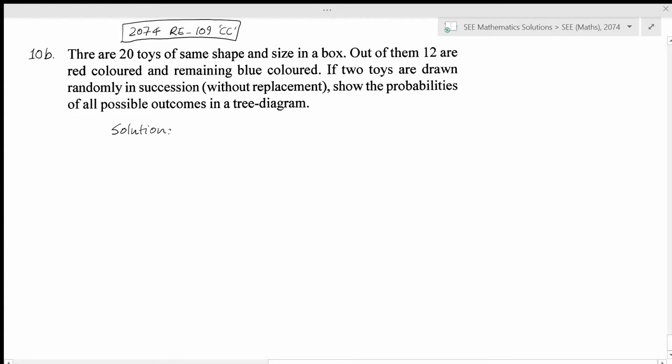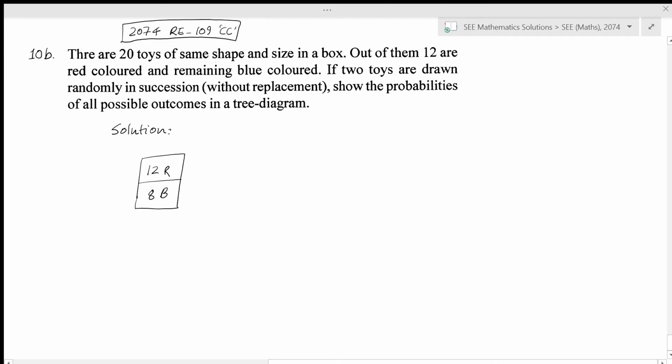So there are a total of 20 toys, right, of the same shape and size. That means everything is the same, otherwise it will not be a fair distribution of data. And out of them 12 are red and the remaining are blue. So we need to make one box here, and here 12 are red and 8 are blue, so total 20.